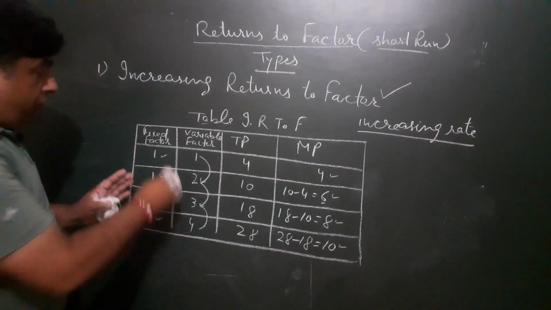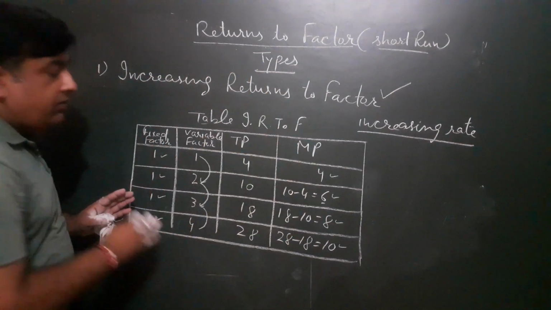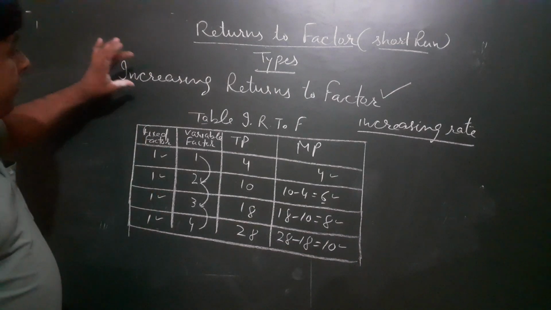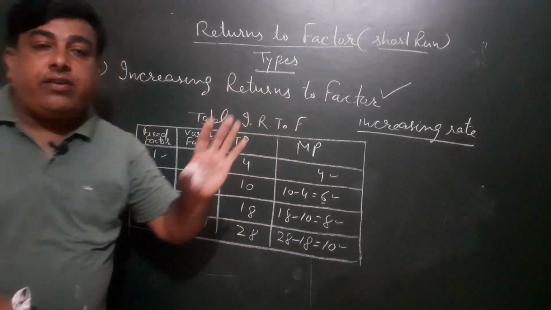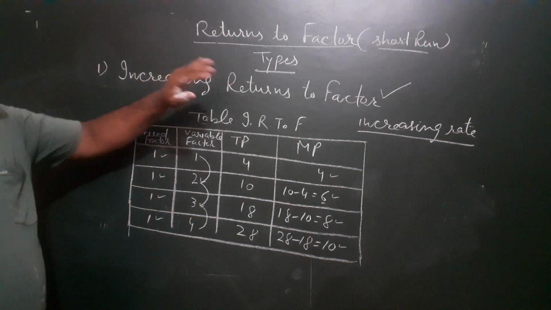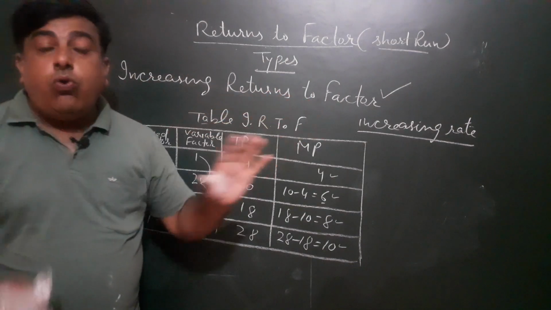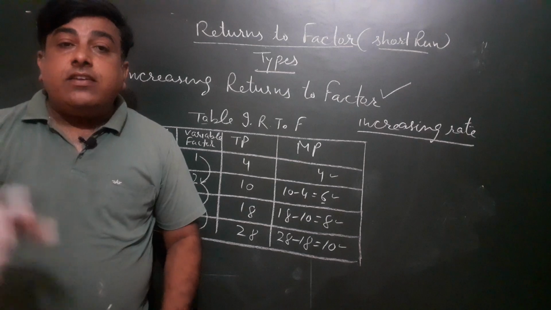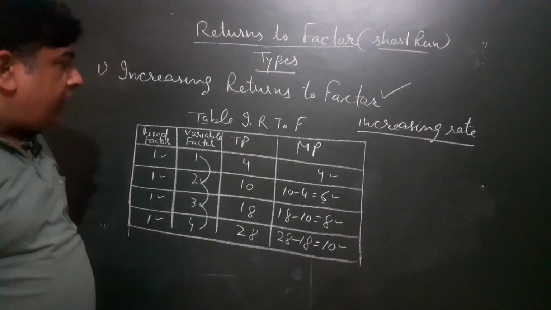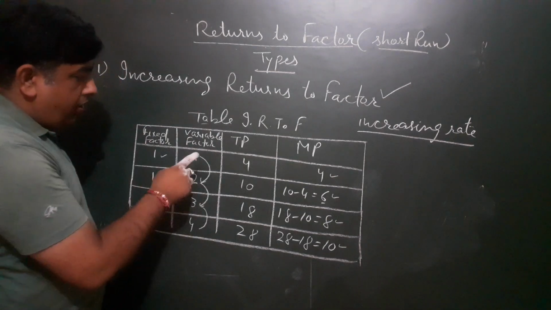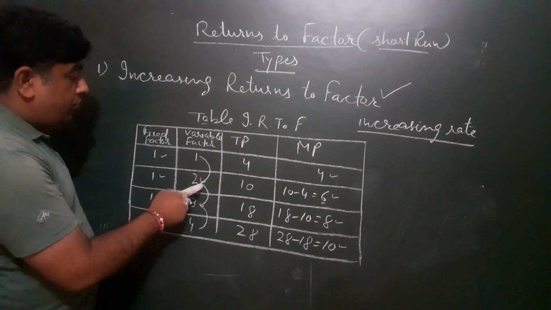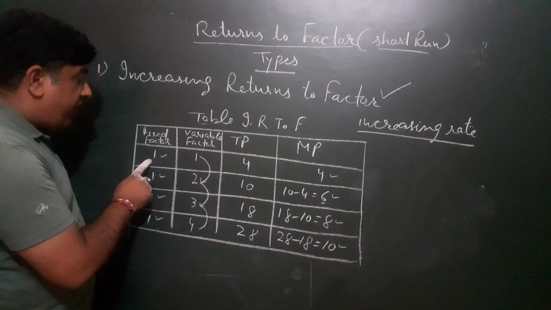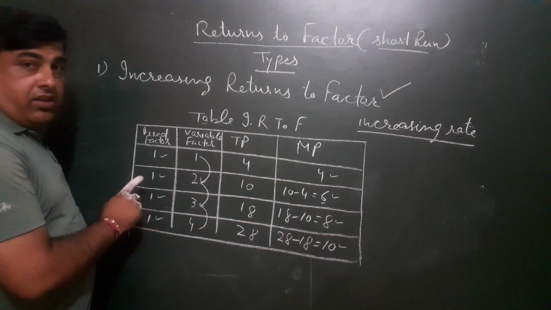Now from this table you can make the definition of increasing returns to factor. Increasing returns to factor is that situation in which more variable factors are used with the fixed factor.